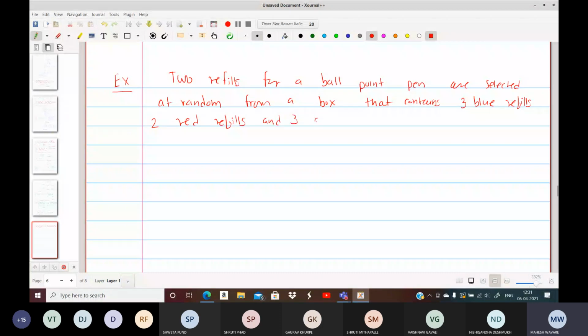Okay, read that. Two refills for a ballpoint pen are selected at random.